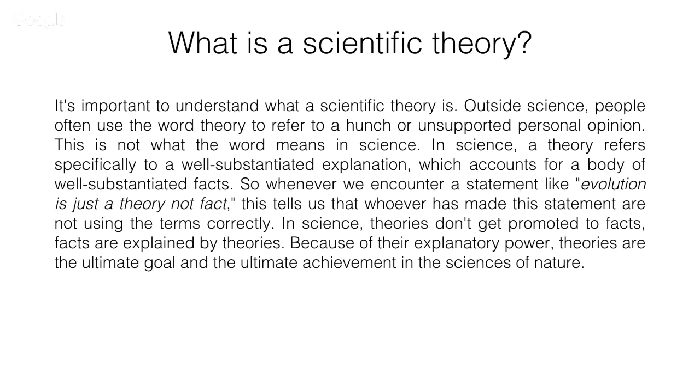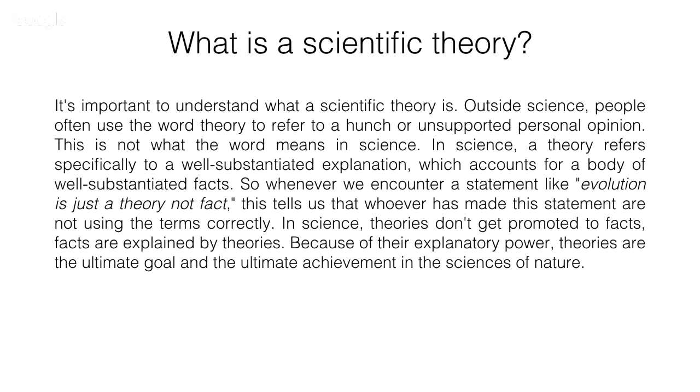Now, because of their explanatory power, theories are the ultimate goal and the ultimate achievement in the sciences of nature. So in all the various different scientific fields, theory is the ultimate goal of where you want to place your standing, your information. What we need to take away from this is that a theory is a well-substantiated explanation.